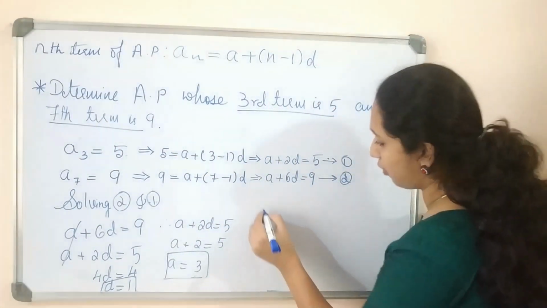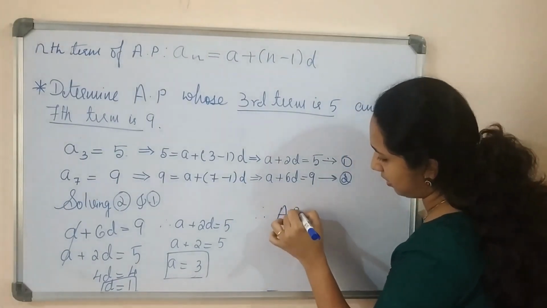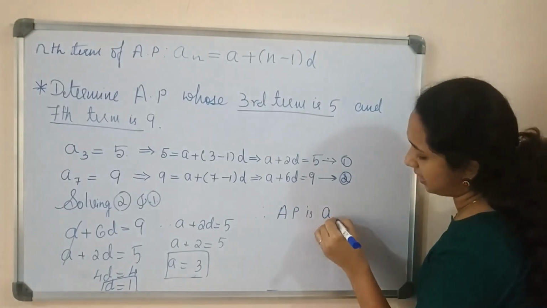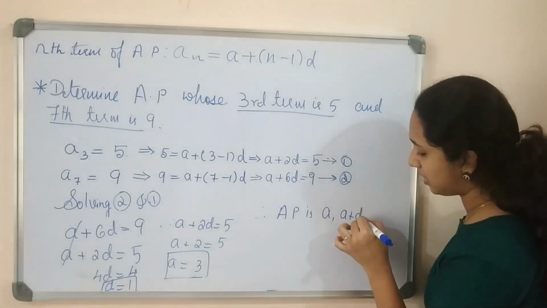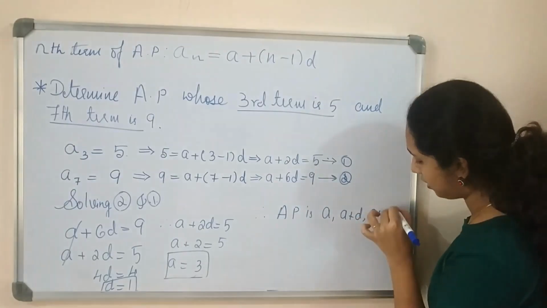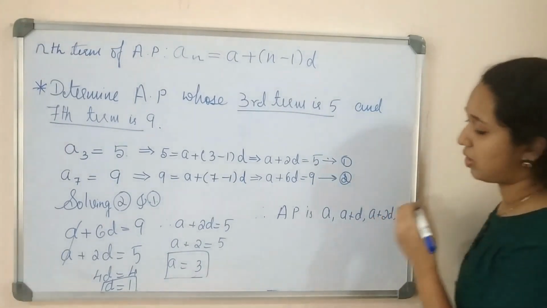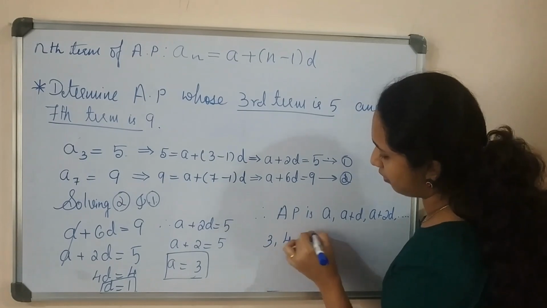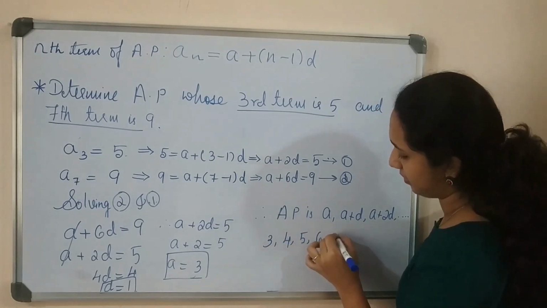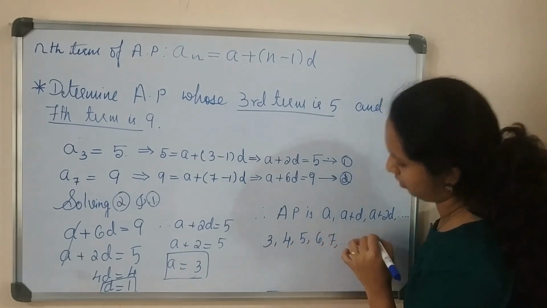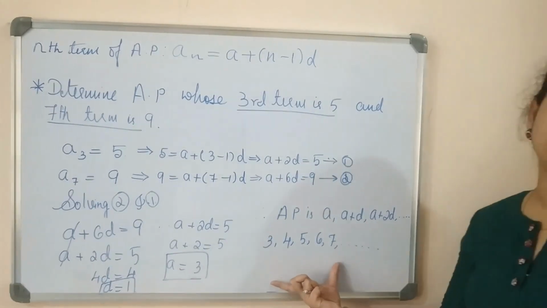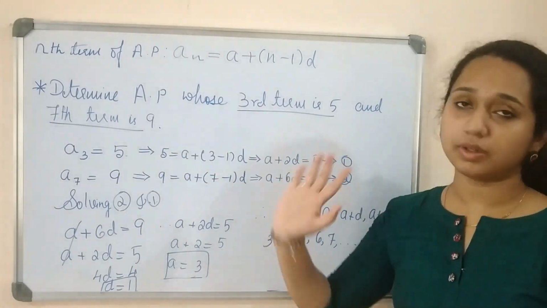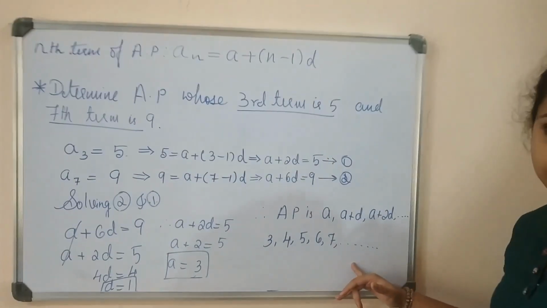I have a general form, right? A, A plus D, A plus 2D, and so on. So I can write it as 3, 4, 5, 6, 7, and so on. This is the arithmetic progression we get by using these two data.